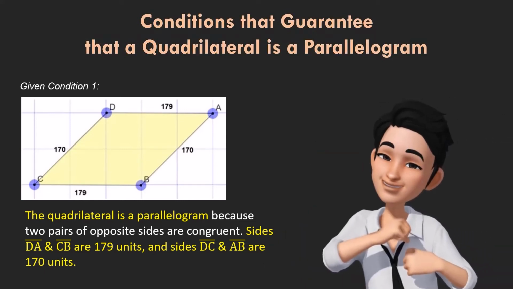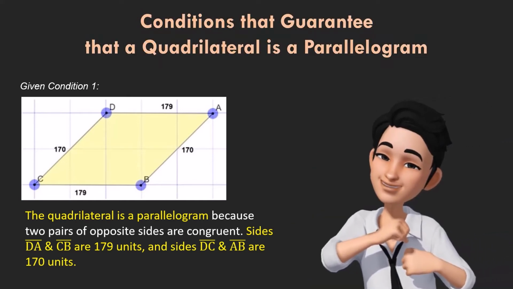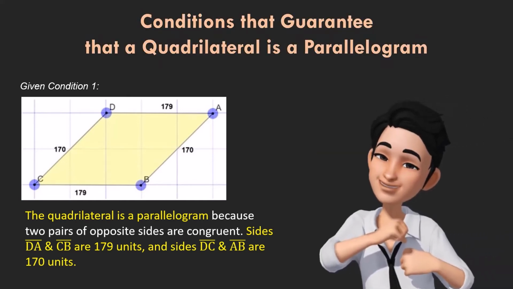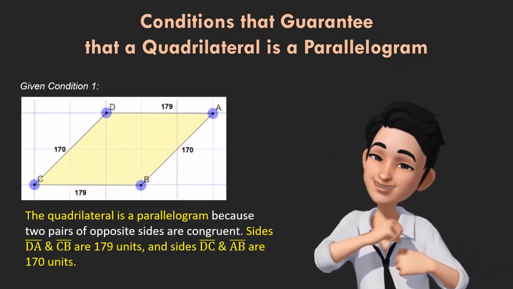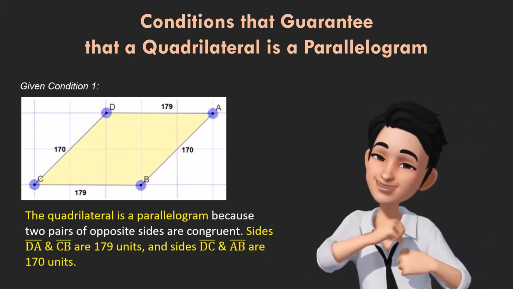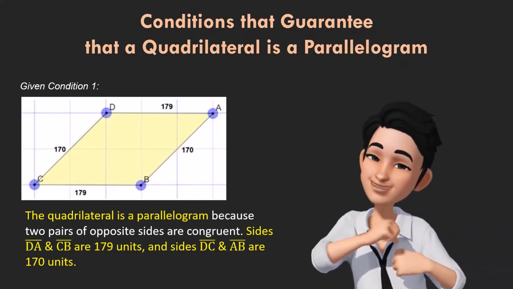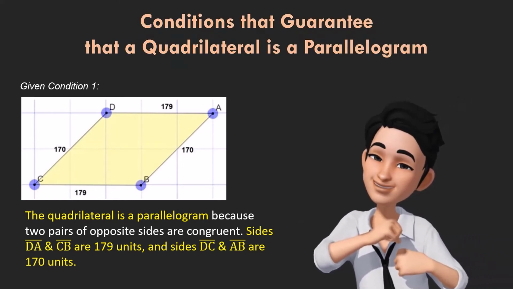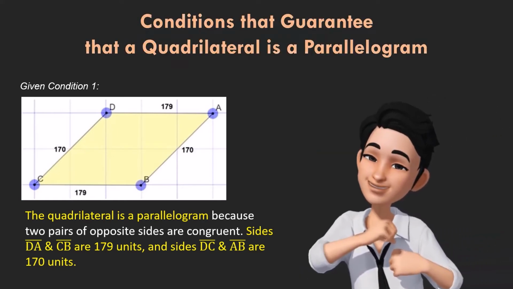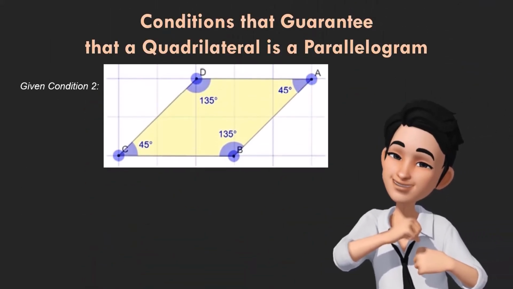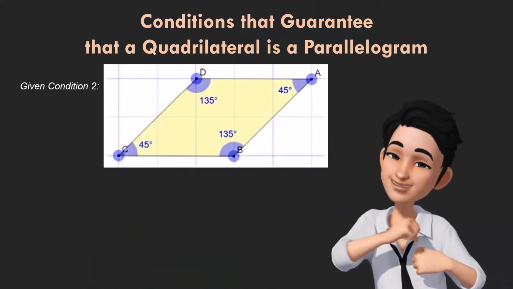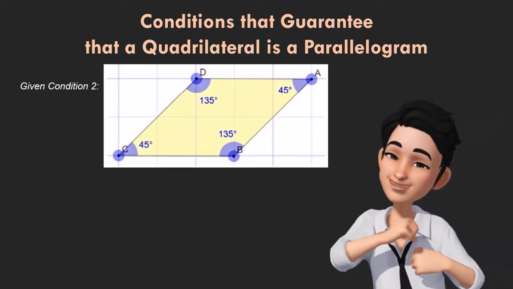Sides DA and CB have the same measure, which is 179 units, and sides DC and AB are likewise the same. They have the same measure, which is 170 units. The next given condition is this quadrilateral with given angles.